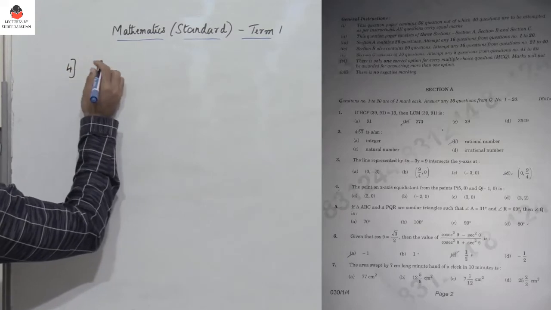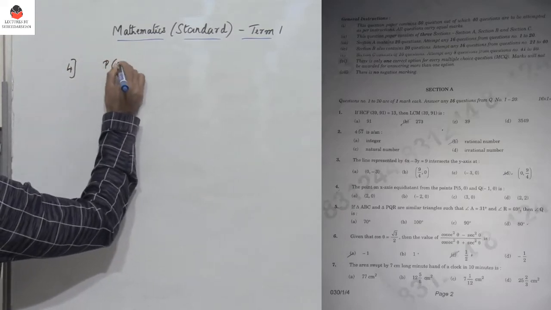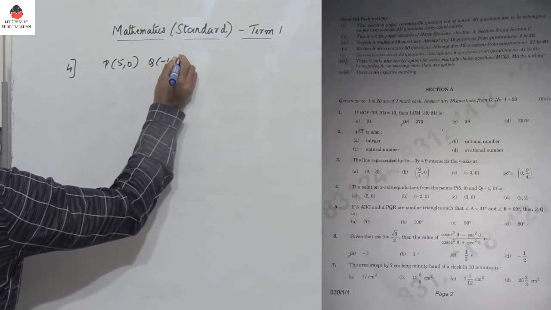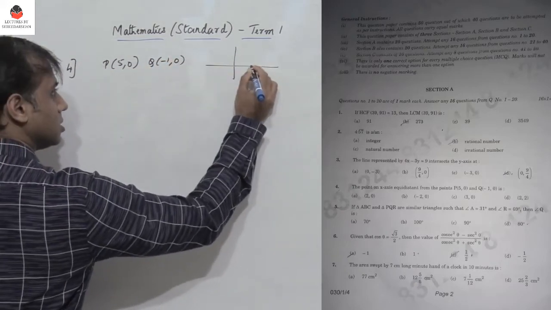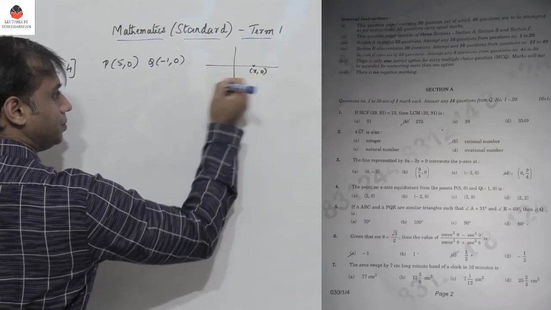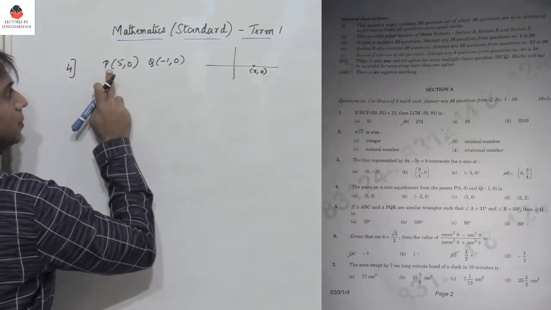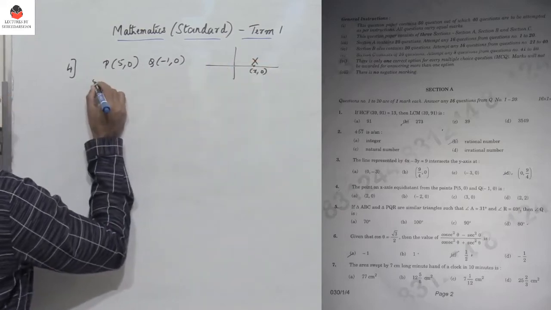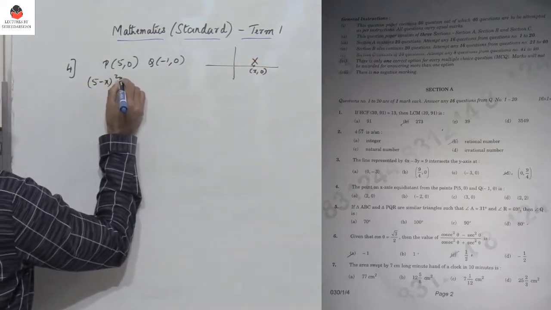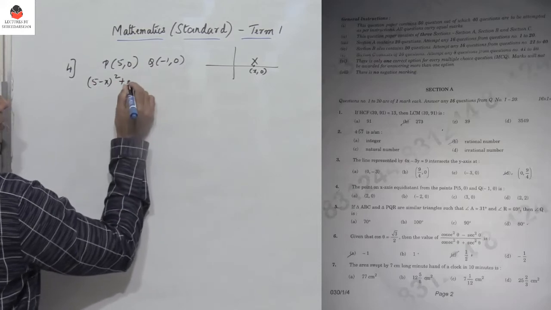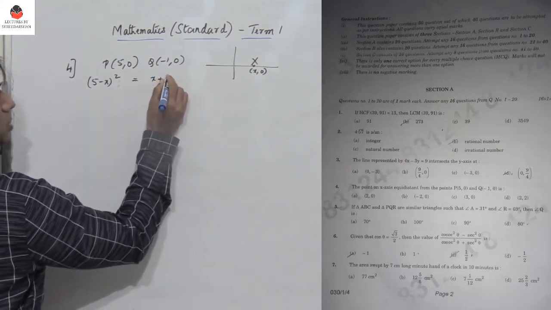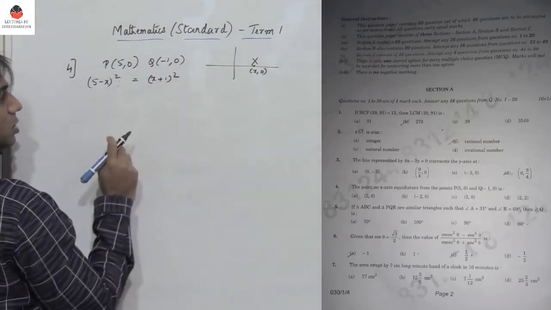Fourth one, a point on the x-axis is equidistant from P 5 comma 0 and Q minus 1 comma 0. So a point on the x-axis will be of the form x comma 0. Applying distance formula, let this point be x. So square root of (5 minus x) the whole square plus 0 minus 0 equals square root of (minus 1 minus x), which is nothing but (x plus 1) the whole square minus 0 square.